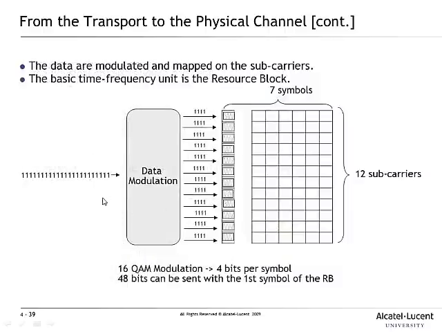So for example, you may have a string of 1s coming along, and if you're going to use 16 QAM for this resource block, you'll take 4 bits at a time and represent that by a symbol in each resource element. And this will be done in the context of a physical channel.